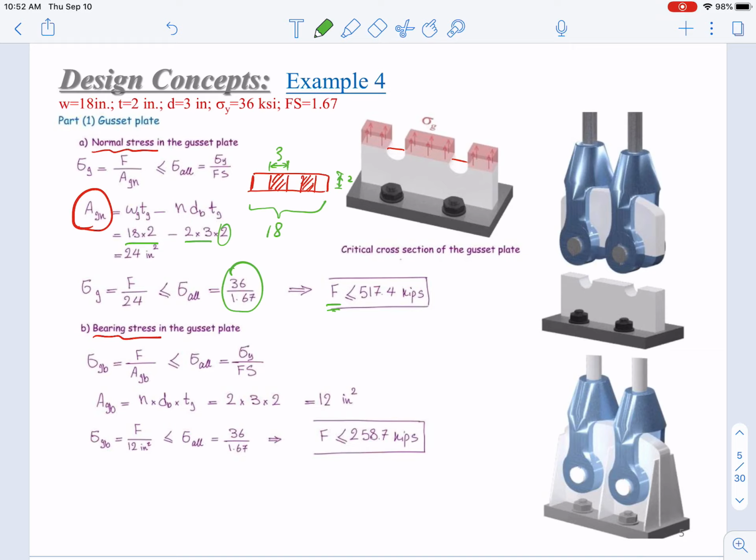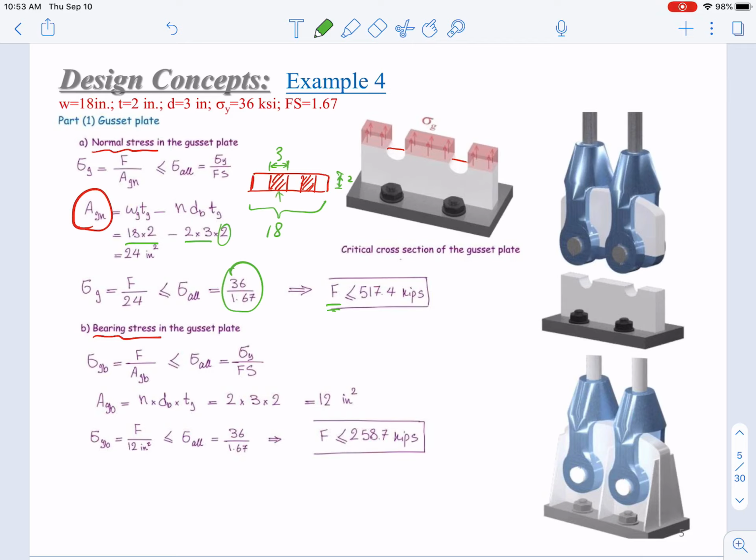Okay, so to examine the bearing stress, again, you just need to find out the cross-section areas. As we mentioned, you just need to consider the projected area. Right, just the hole, the projected area, it's just the thickness times the diameter of the hole. It's just the same as here.